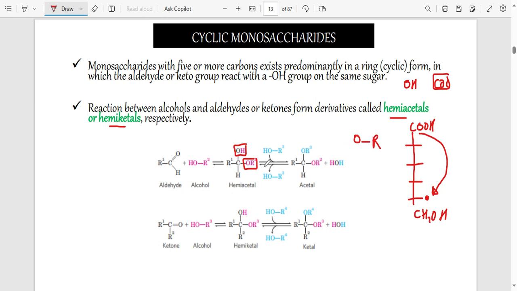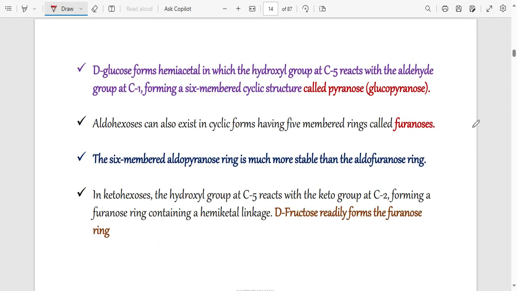Now when you substitute again, the hydrogen which was on the alcohol, you remove it and substitute it with another group. So now you no longer have an alcohol, you have two other groups, and it becomes an acetal. A hemiacetal has an OH and an ether. An acetal has two ethers. It's not something to worry about in this course, because you need to understand it in chemistry, not here.